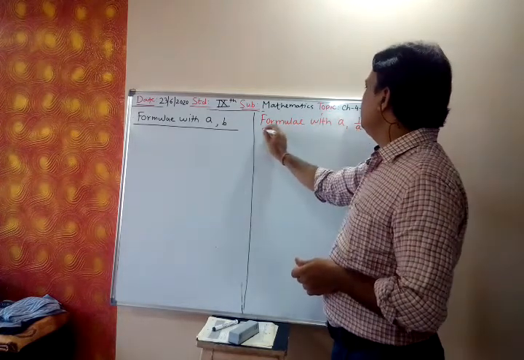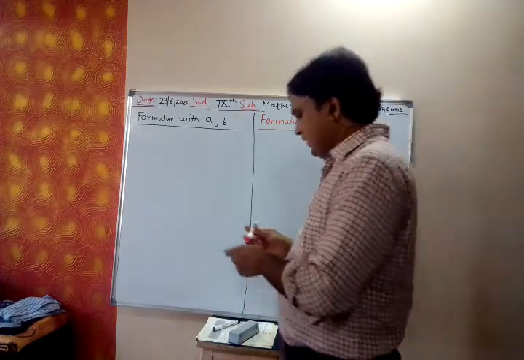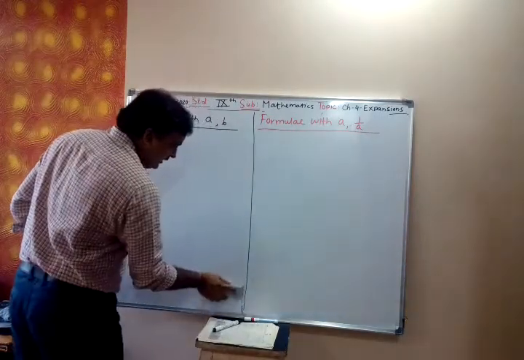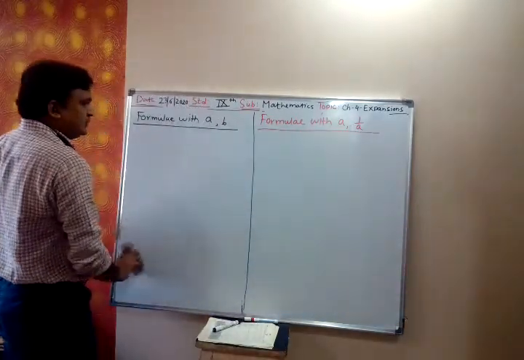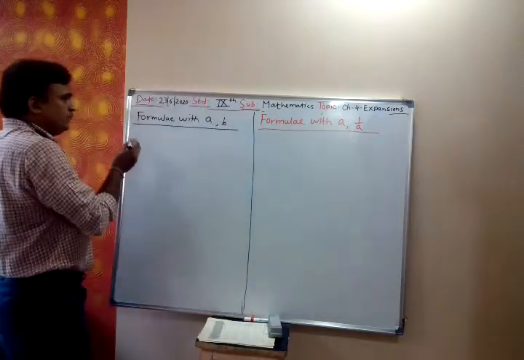In this expansion topic, the important part is writing the correct formula. If you are not able to write the correct formula, the whole calculation becomes wrong. So first you have to understand the formula.